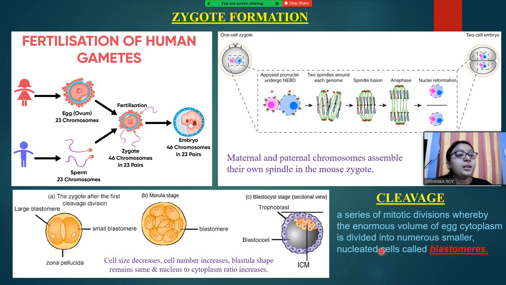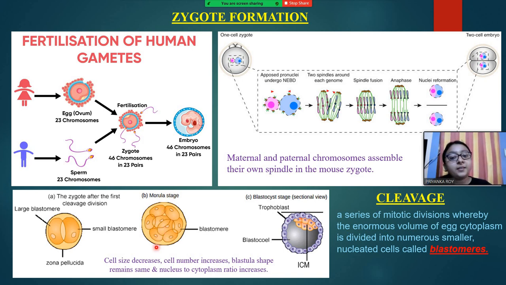You can see it gives rise to a number of cells, and the cell size is getting smaller and smaller, because after the first division the two cells are here. This is the entire size of the embryo, and after the morula stage you will see that the embryo size remains the same, but the number of cells inside the embryo is increasing.